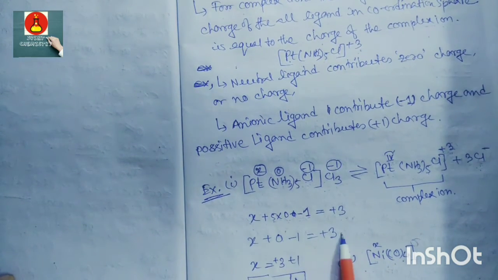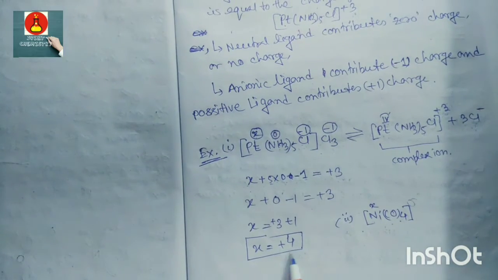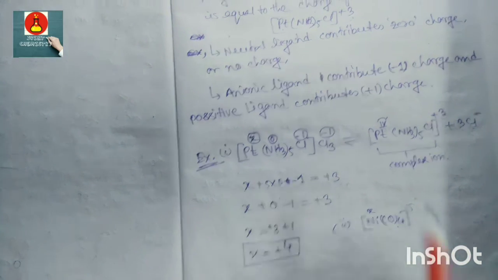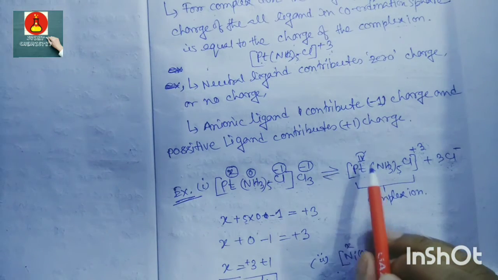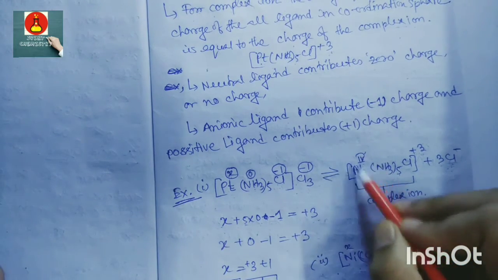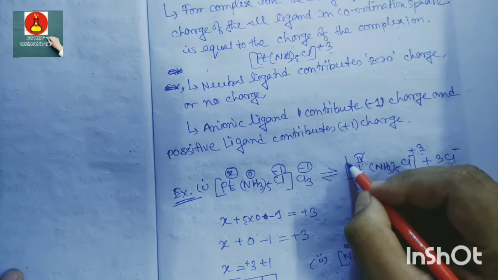If we change the side, we get x equal to plus 3 plus 1, which is plus 4, right? So the charge of this platinum is 4. So this is the Roman numeral. Actually, you know what? This is not the correct way to write the Roman numeral. The correct way is this.